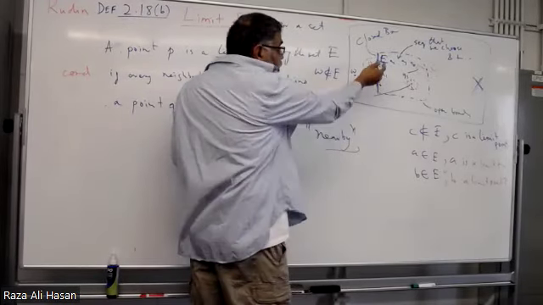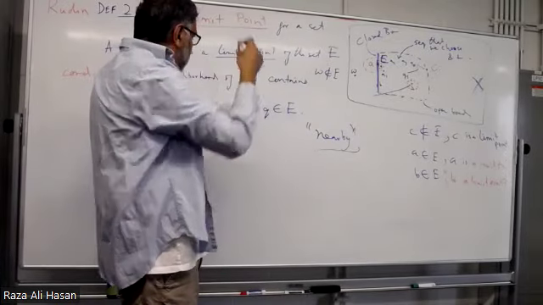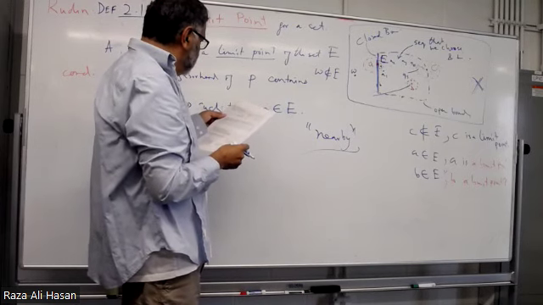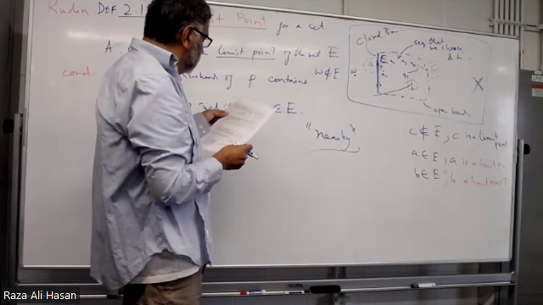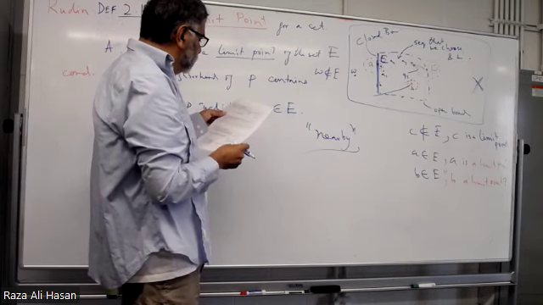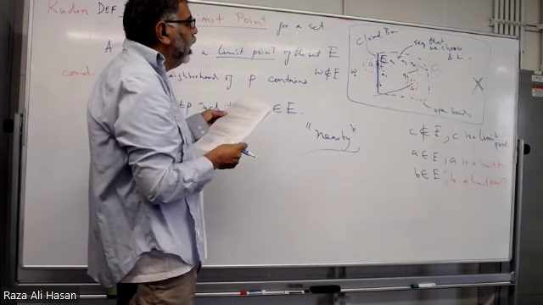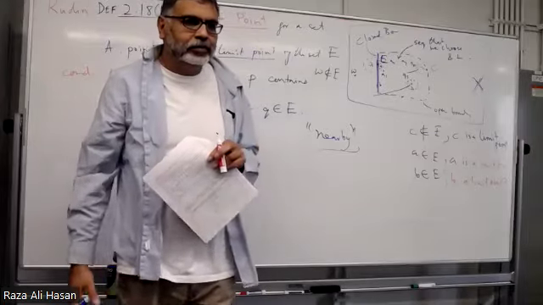You have a giant blob over there and then an isolated point here. Where is W? W is not a member. Is W a limit point?